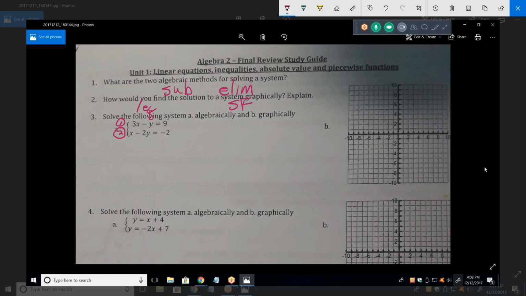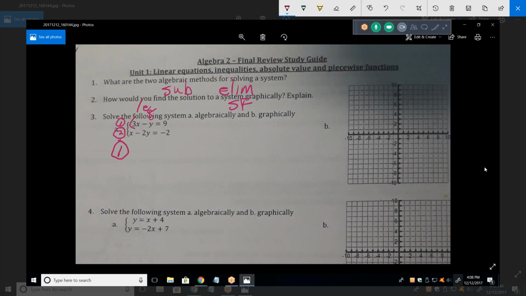All right. What if I took equation 1 and changed it? I'm going to change it by multiplying both sides by -2.